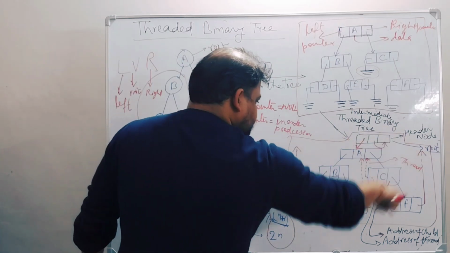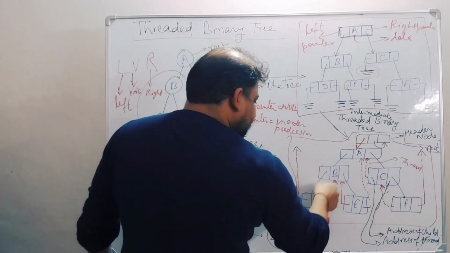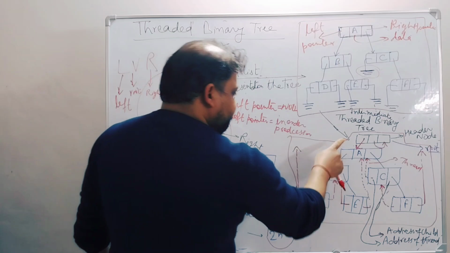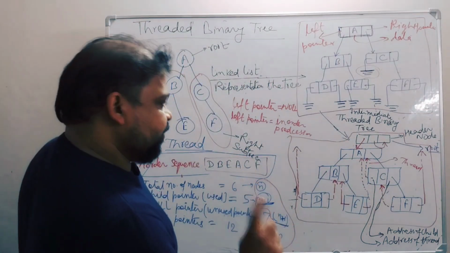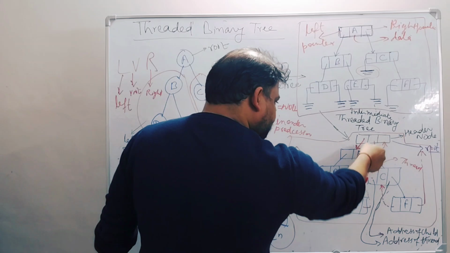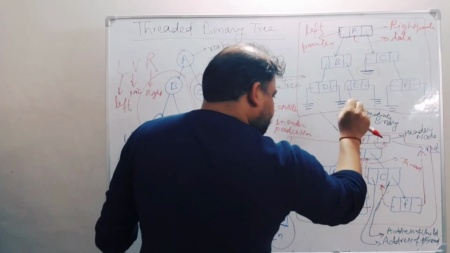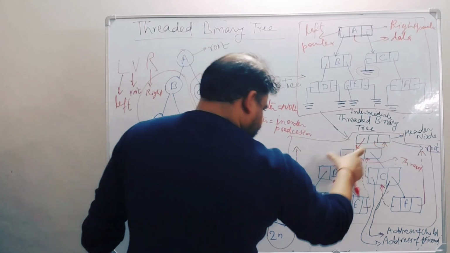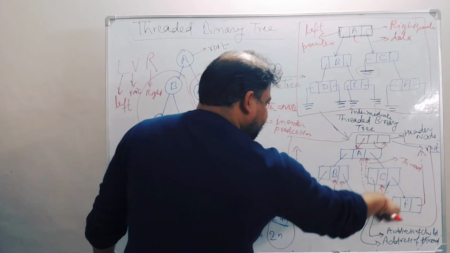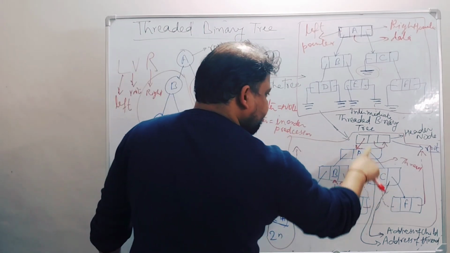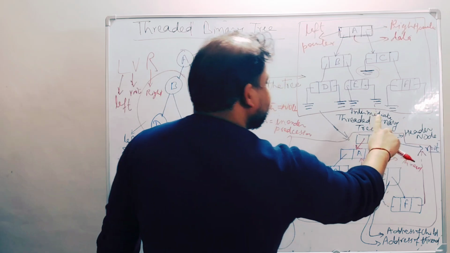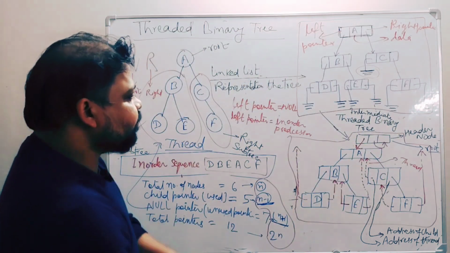In this picture, solid lines show the children and the dotted lines show the threads. So for the header node I made solid lines to represent children: the left child is the entire tree, and the right pointer is pointing to itself. Clear?